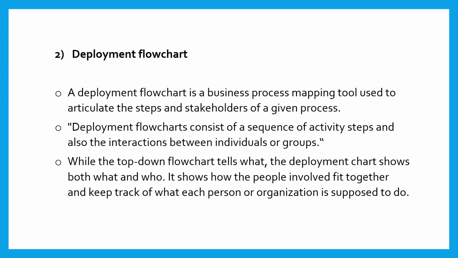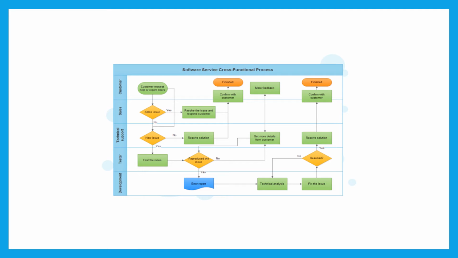It shows how the people involved fit together and keeps track of what each person or organization is supposed to do. At the top of the flowchart, the names of the people or organizations involved in the process are listed. Under each name, we can find the process steps they are related with.